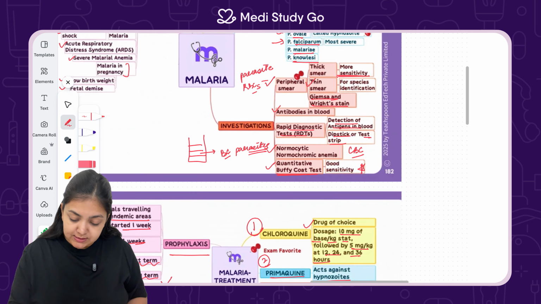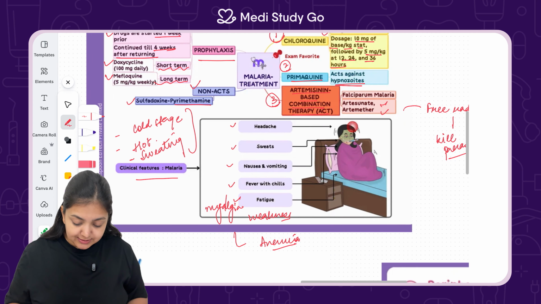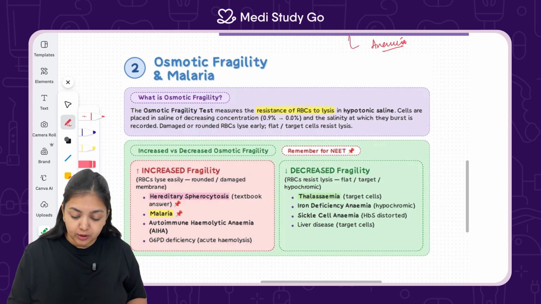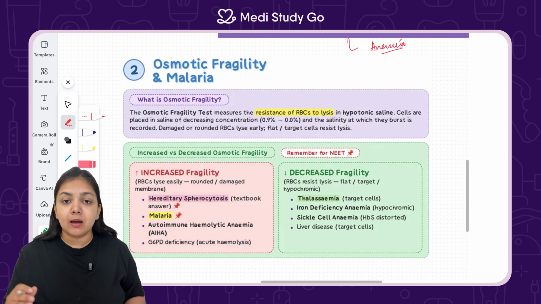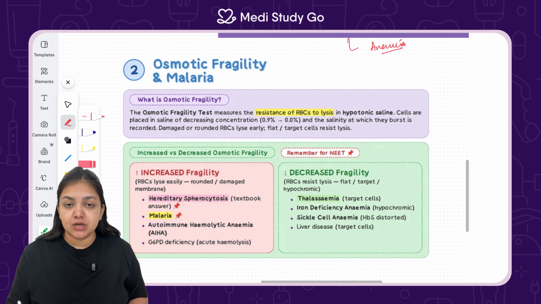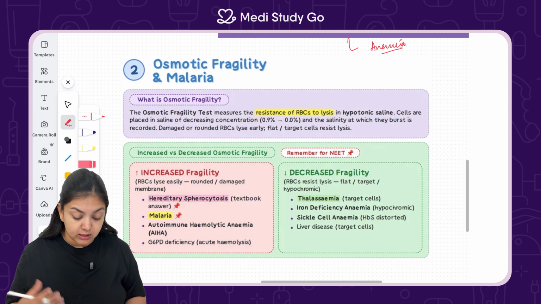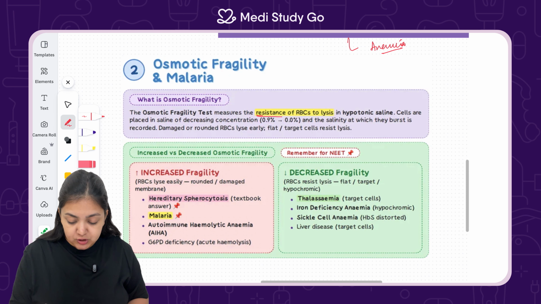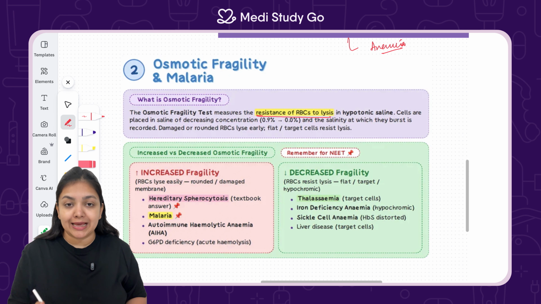Now, once we know this, another test which we can use, and something which I'm going to teach you beyond this mind map book, is the osmotic fragility test. So osmotic fragility, as the term suggests, is when something is becoming fragile because of the change in the osmotic capability. It measures the resistance of the RBCs to lysis.